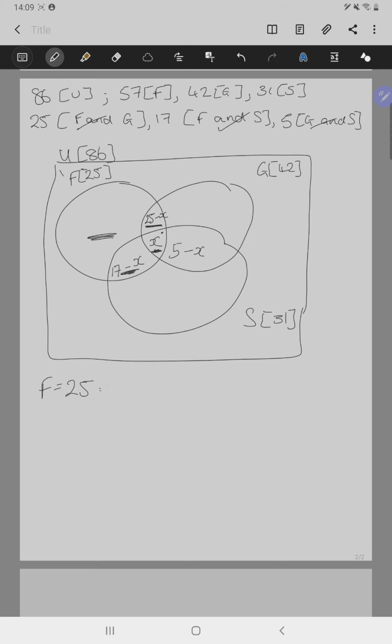Let's look at what we have so far, because when we're trying to find this section here, the part that's by itself, we've added up the rest of it and taken that away from the total. So this is how much there is in total.